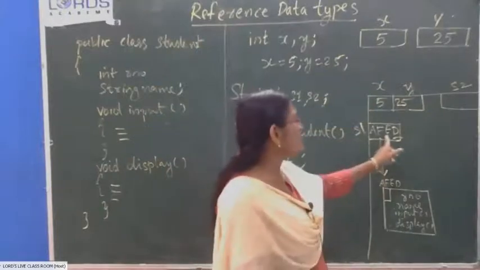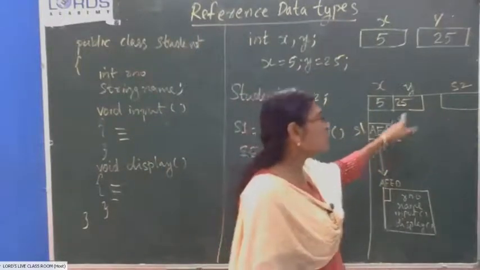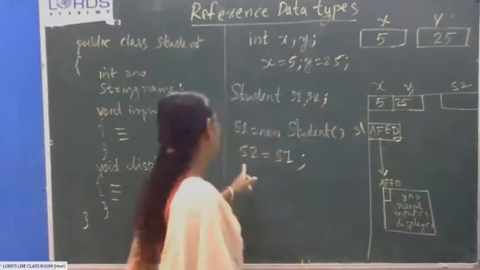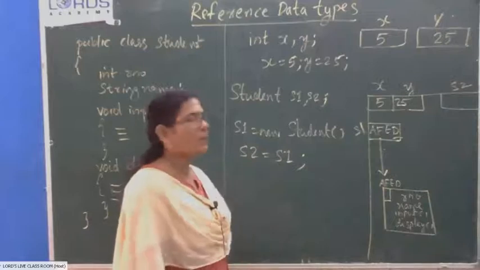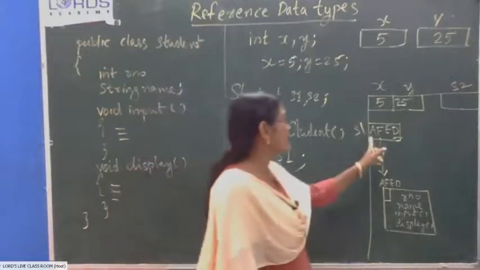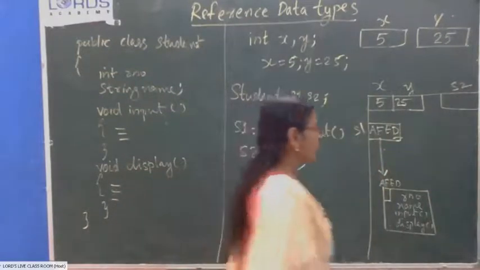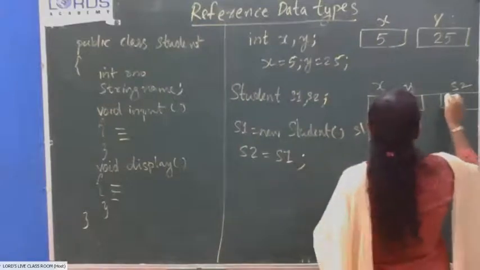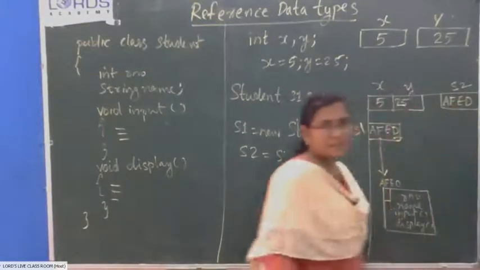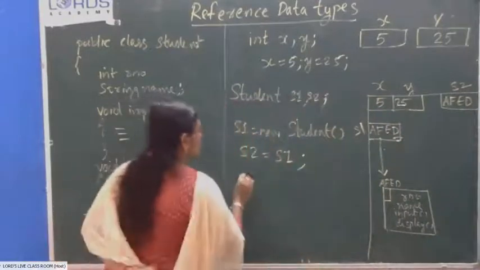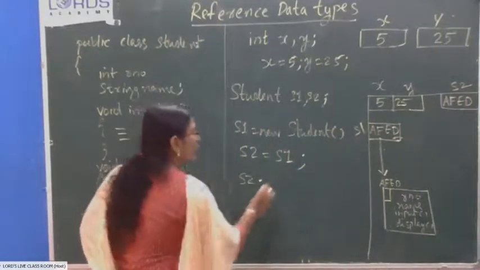So what is stored in S1 should be stored to S2. S2 equal to S1 means what is there in S1, that should be copied to S2. A memory address will be copied to S2 also. AFED.